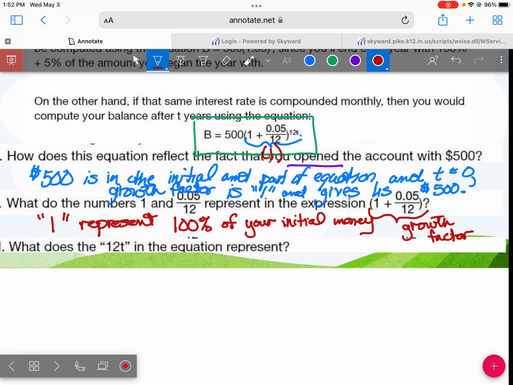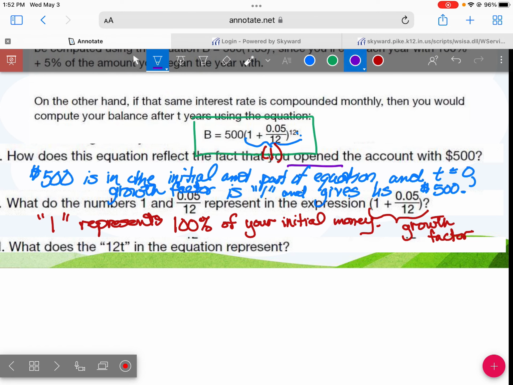So if we just said 0.05, that would be the 5% of the money putting in. But when we say 1.05, that is the whole amount plus the interest that you're going to get. So 1 represents 100% of your initial money.